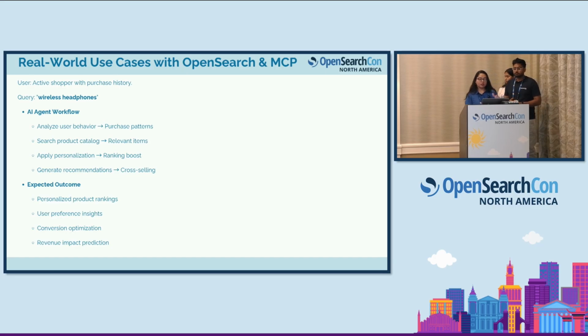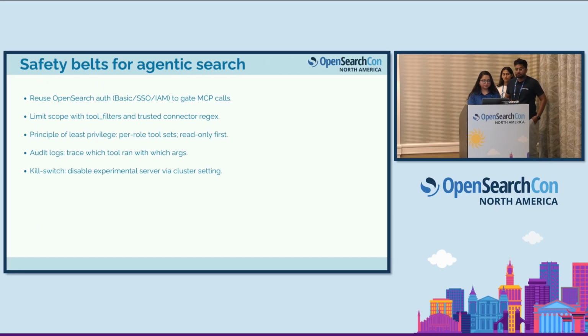But with LLM models, we can enhance the search results as well. We can apply personalization, and we can have ranking boost based on the document count and so on. There are various factors for that. The expected outcome should be personalized product rankings, user preference insights, conversion optimization, and revenue impact prediction.